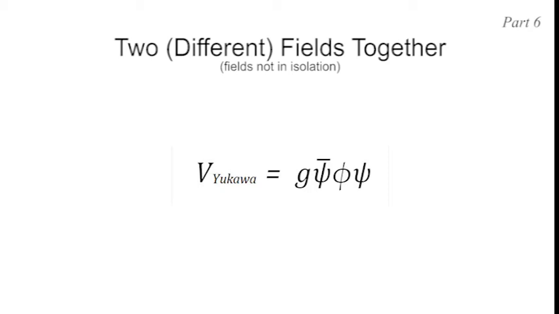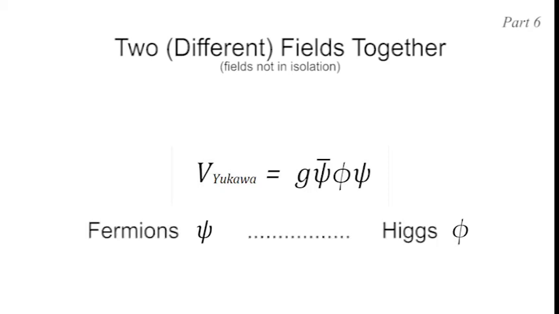Notice here we're now thinking about fermions, like electrons, interacting with some kind of scalar field or scalar particle. This is not electromagnetism now. We're going in a moment to end up thinking about fermions interacting with the Higgs field.